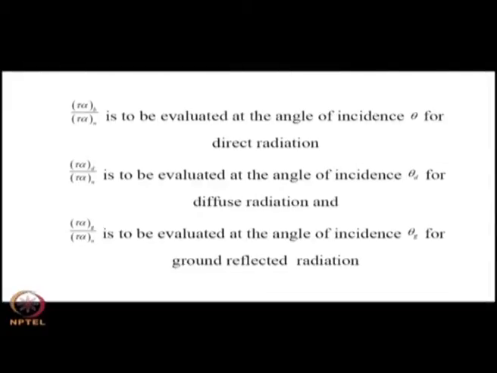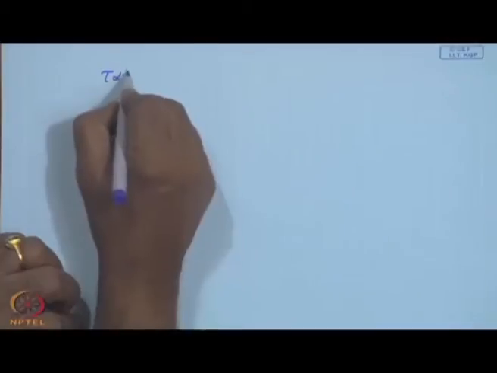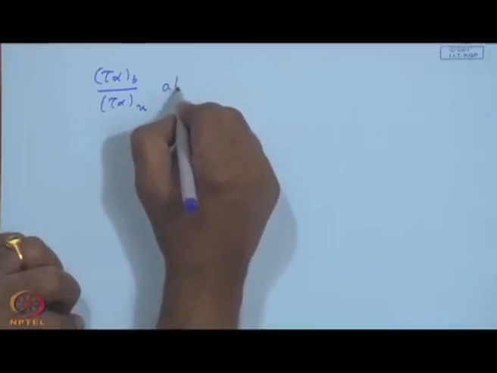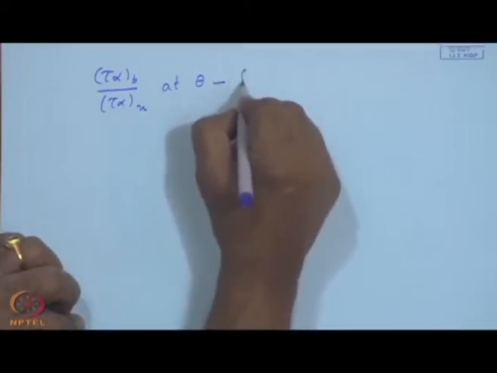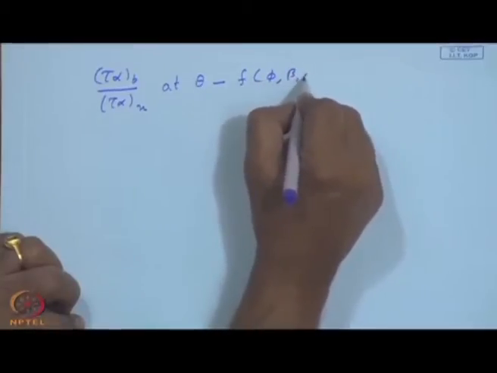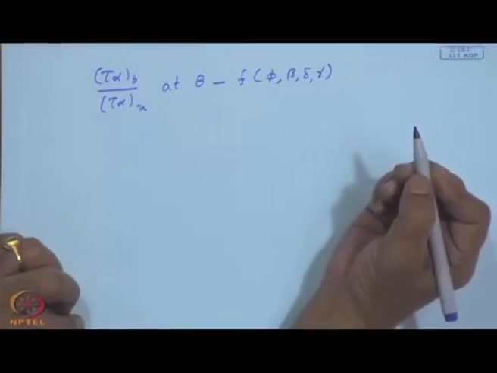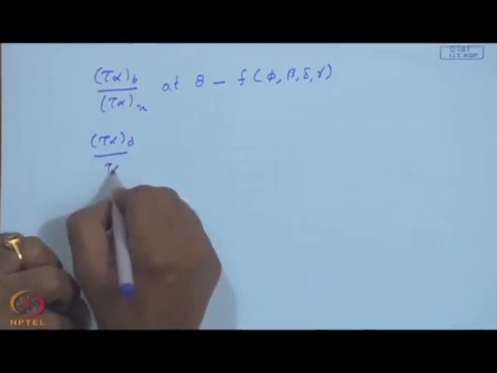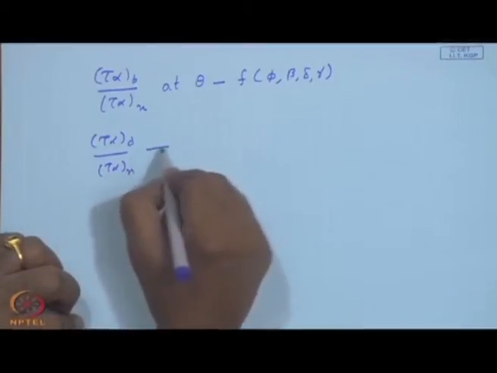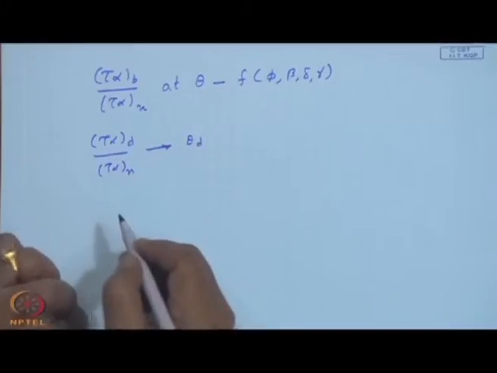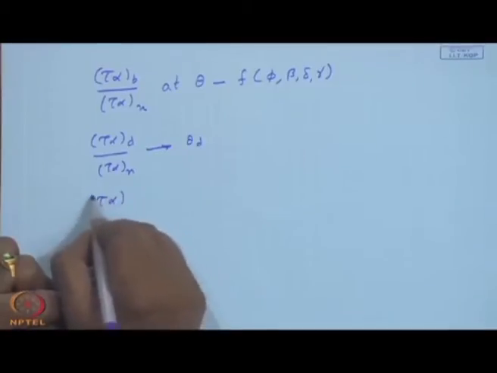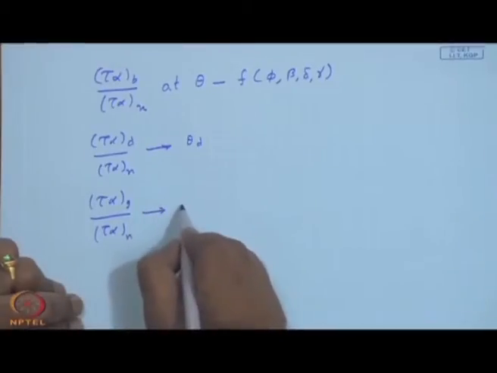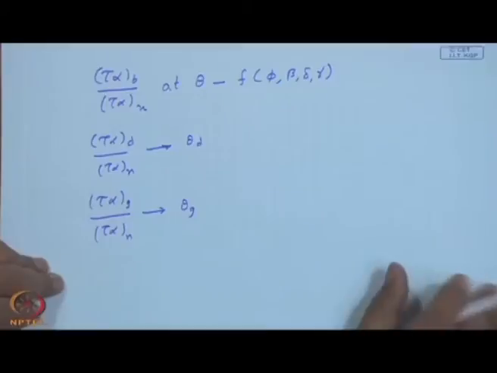So, now we have to evaluate, bear in mind, tau alpha direct at theta as a function of phi, beta, delta and gamma of the direct radiation, and tau alpha diffuse by tau alpha normal at theta d given by the above equation, and tau alpha ground by tau alpha normal to be evaluated at theta g as given by the previous equation.